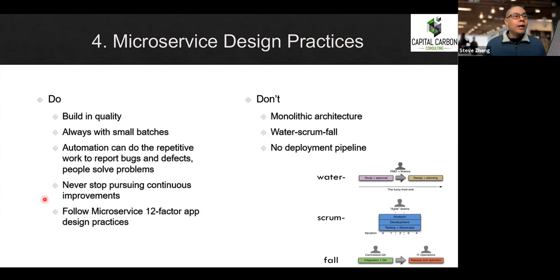The next one, never stop pursuing continuous improvement. So that is another CI, but not continuous integration. Continuous improvement means anytime you find anything that can make your platform stronger or can make your team stronger, do it.